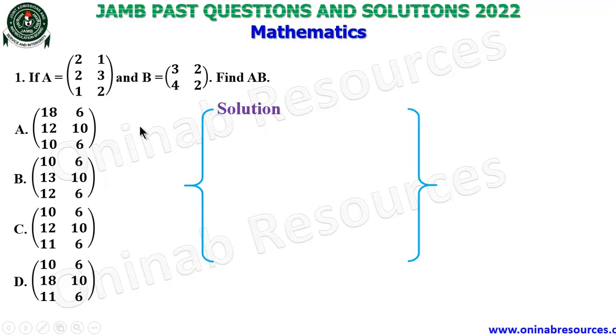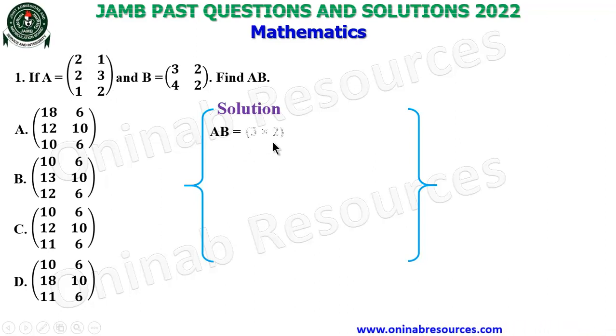In our solution, we have to first find if they are conformable for multiplication. To do that, we are going to state the order of each of the matrices in the order of their multiplication. So the first matrix is A, which is 3 rows and 2 columns.